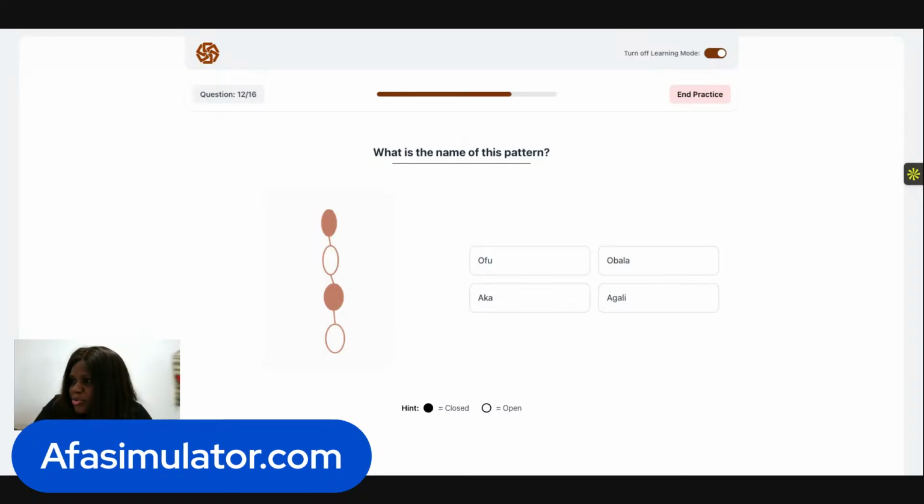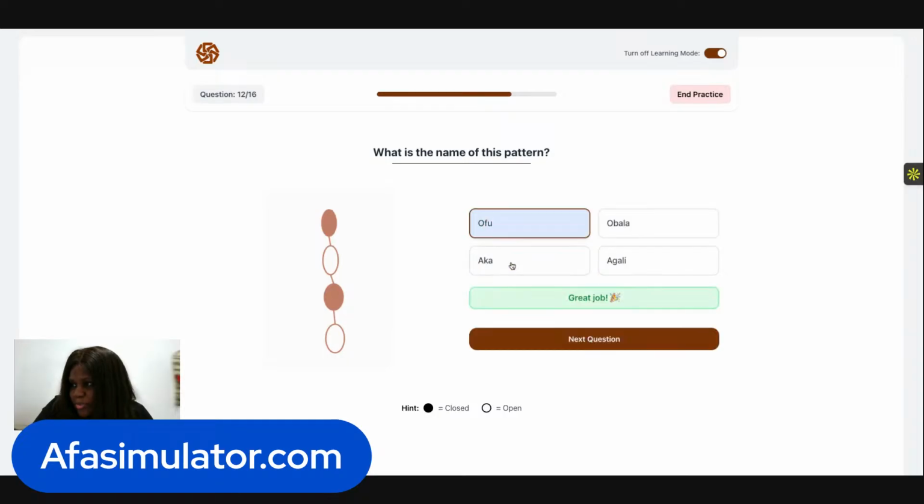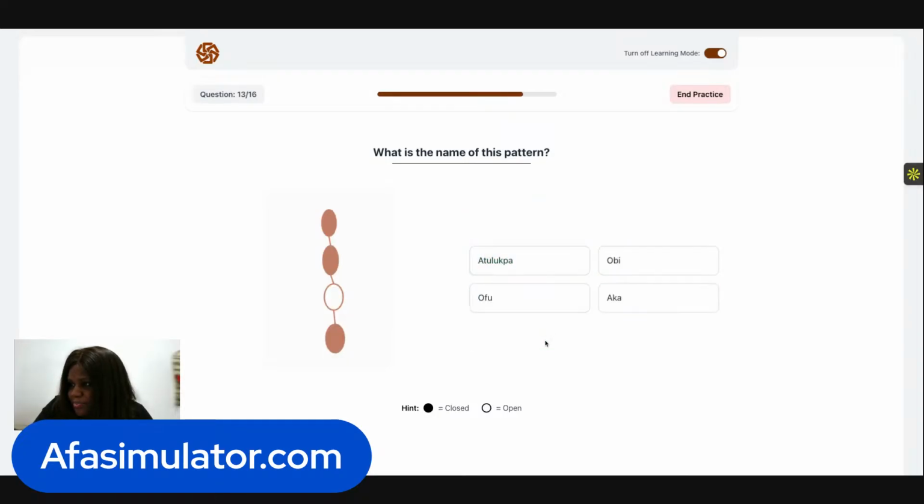You can do it. You're almost finished. This is not Aka. This is not Obala, and this is not Agali. So this has to be Ofu. I have to remember this Ofu one. I always forget it. This is Atulupa.